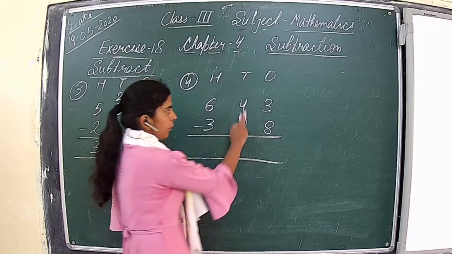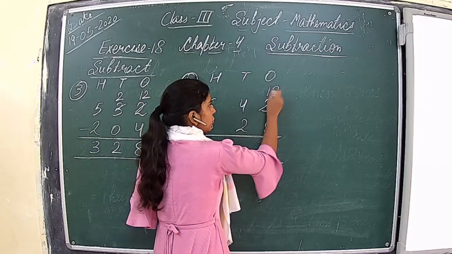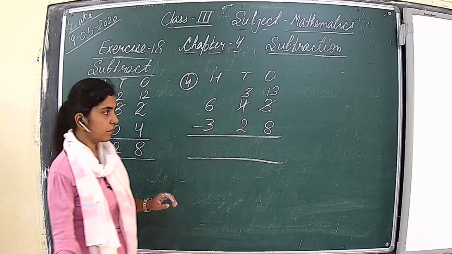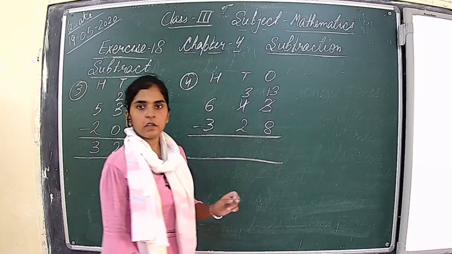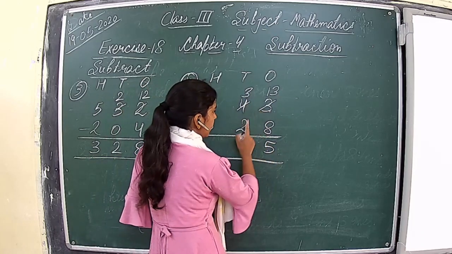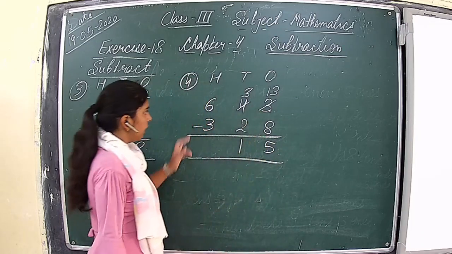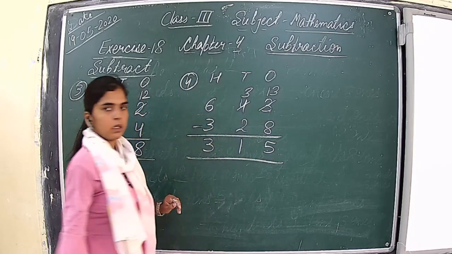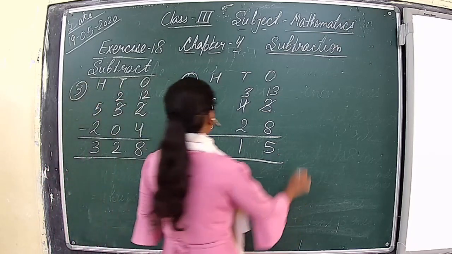So 3 we take borrow from 4. 3 will become 13 and 4 will become 3. 13 minus 8 is equal to 5. 3 minus 2 is equal to 1 and 6 minus 3 is equal to 3. Right? This is the answer.